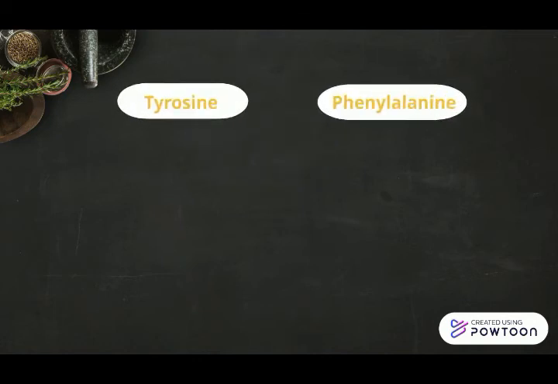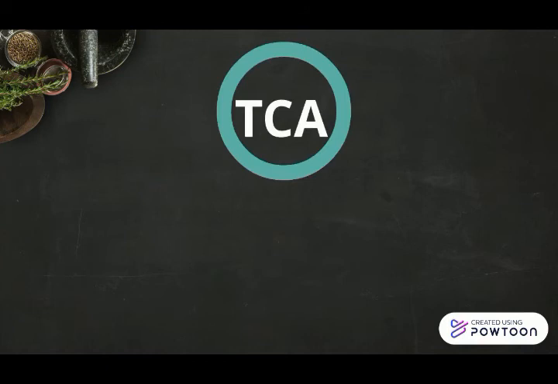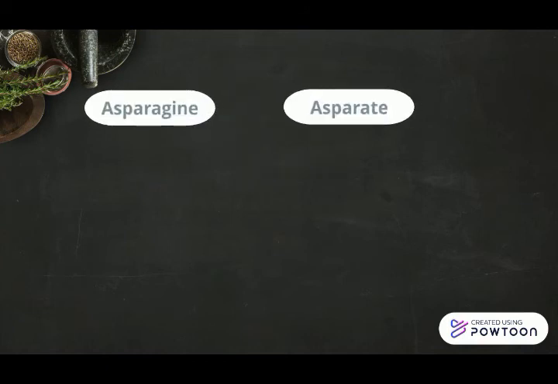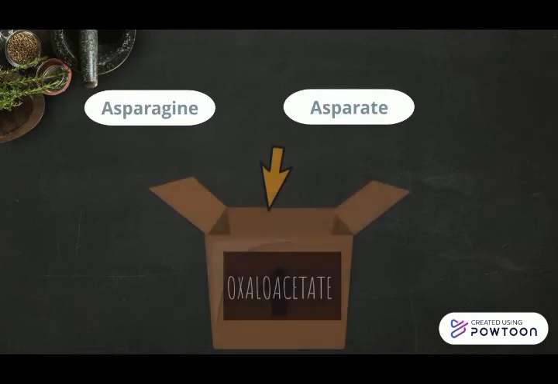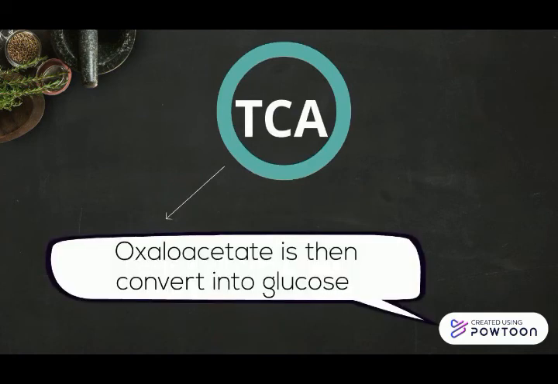Tyrosine and phenylalanine are amino acids for fumarate, which also enter the TCA cycle. Asparagine and aspartate are also amino acids for oxaloacetate. Oxaloacetate will enter the TCA cycle to convert into glucose.